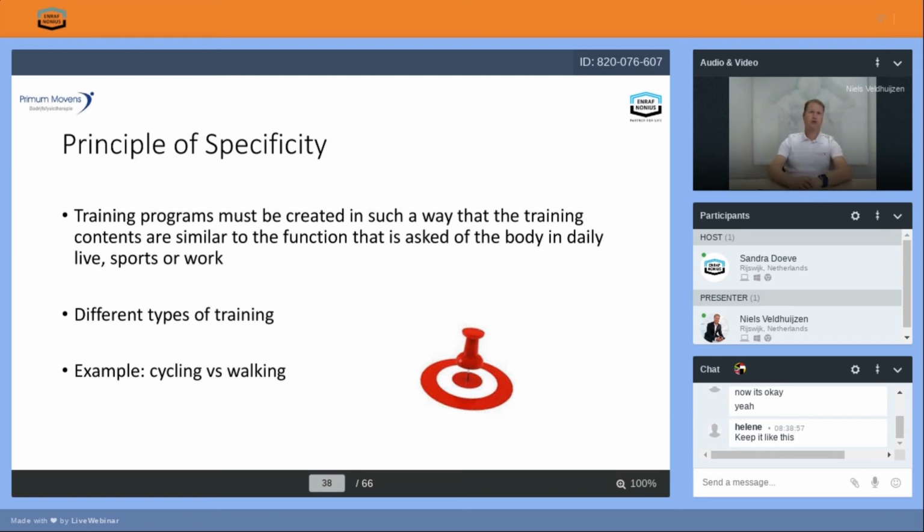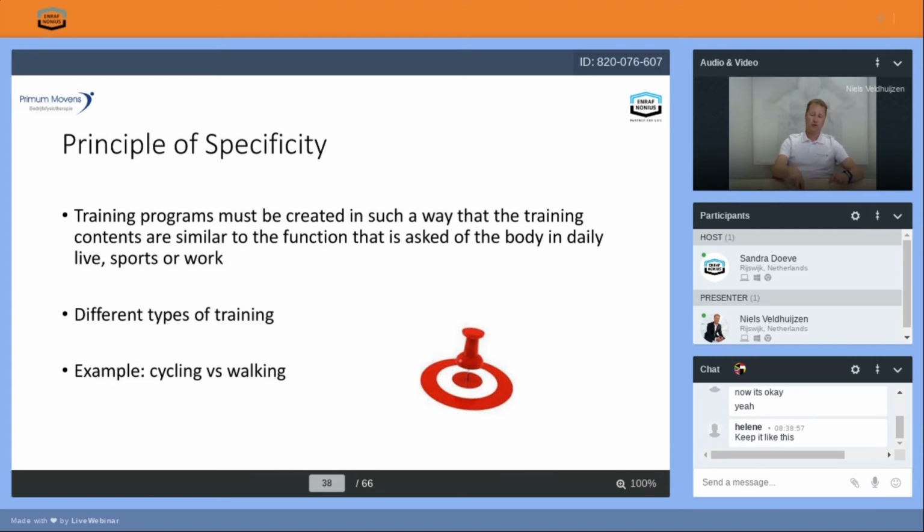The principle of specificity has something to do with the different types of training. In sports, when I jump back to the sports example again, if you want to improve on cycling, you shouldn't do a running training or rowing training. That will help you to improve your general condition or your general cardiovascular condition, but it's not focusing on the biking.